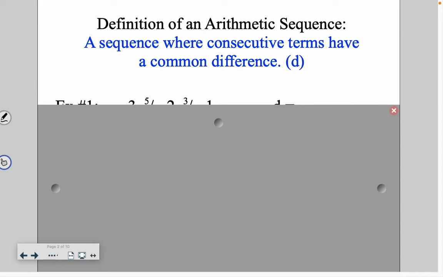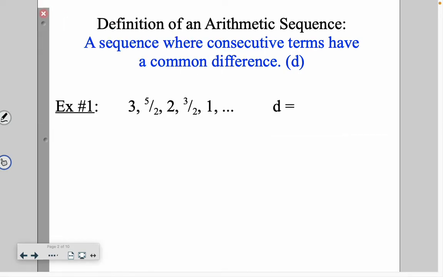So for example, this would be an example of an arithmetic sequence of numbers, because what's the common difference here? What's the pattern? More specific. Numbers. What's the common difference? 5 halves is 2.5.